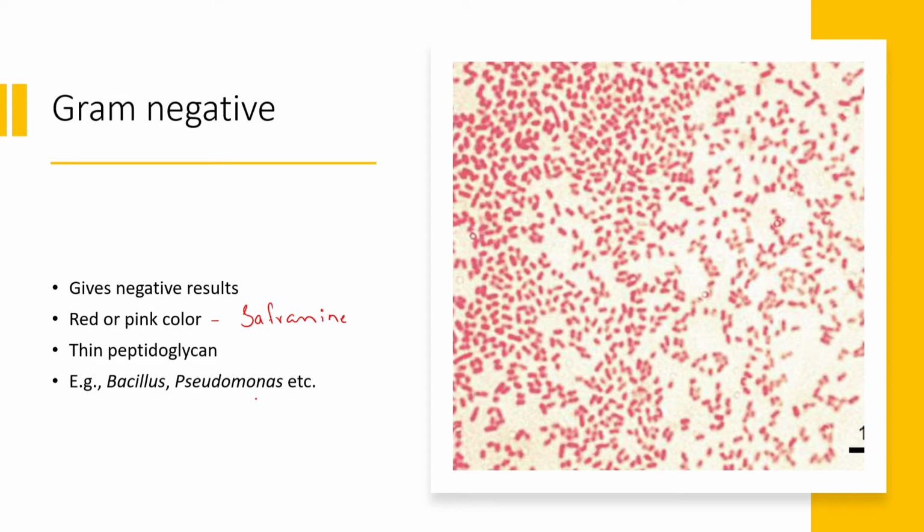Alcohol as a decolorizer degrades the outer membrane of gram negative bacteria, making the cell wall more porous and incapable of retaining the crystal violet stain, as peptidoglycan is much thinner and is present between the outer membrane and the inner membrane of bacteria. So they take up the counter stain, which is the safranin, and appear red and pink in color. The examples are Bacillus and Pseudomonas.